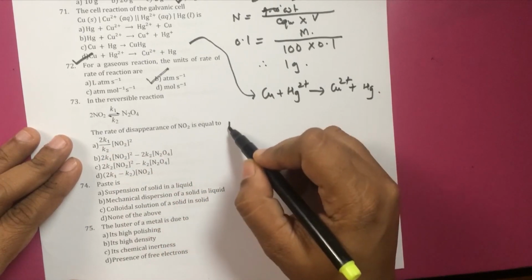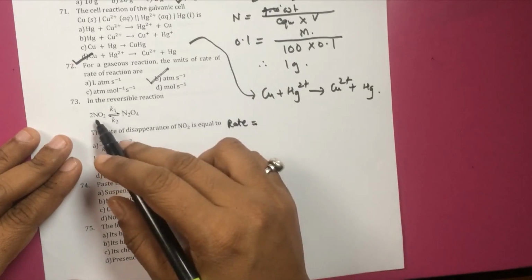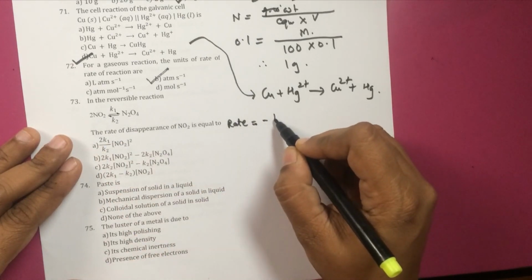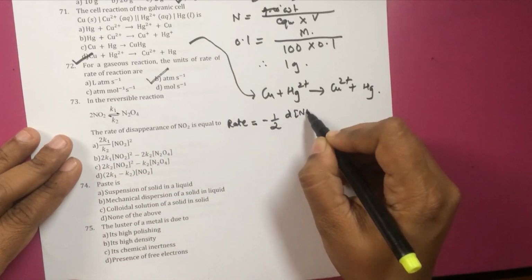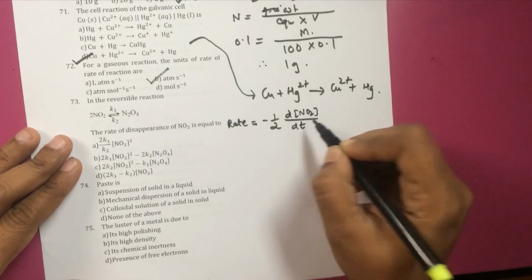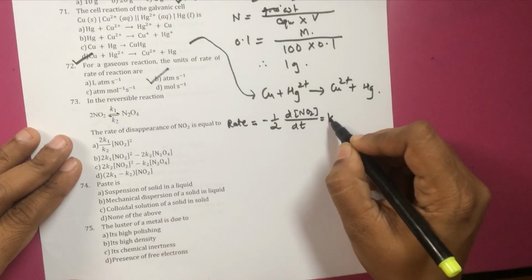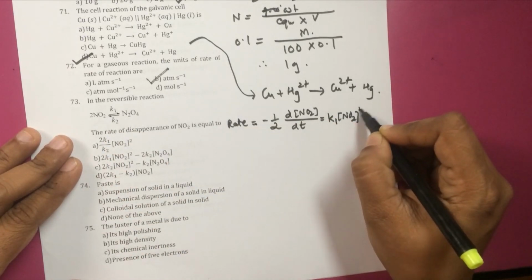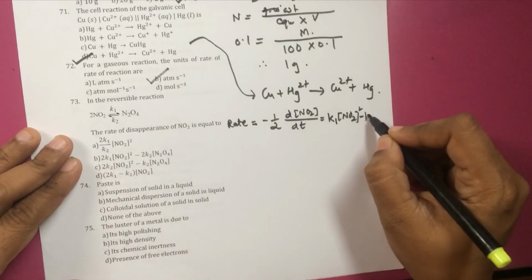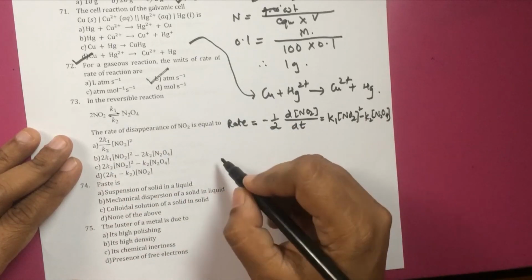NO2 is equal to. Generally, we write the rate equation in terms of NO2. So it is minus half, since it is a reactant, negative sign, d[NO2]/dt. Also, this is equal to forward reaction K1 and concentration of NO2 squared minus backward reaction K2 into concentration of N2O4.